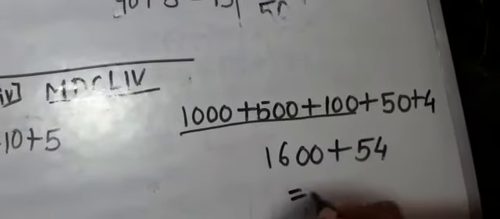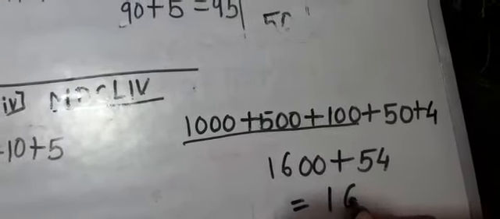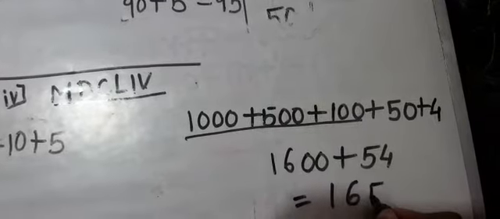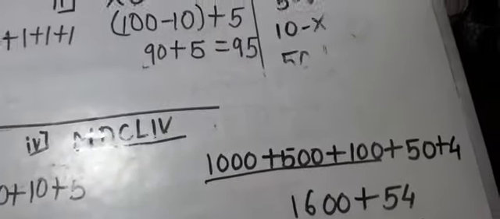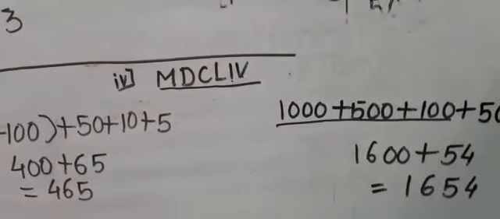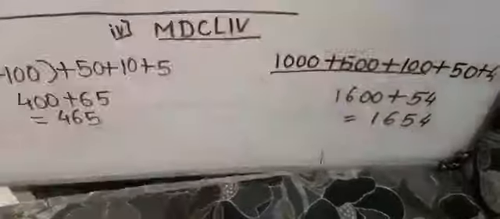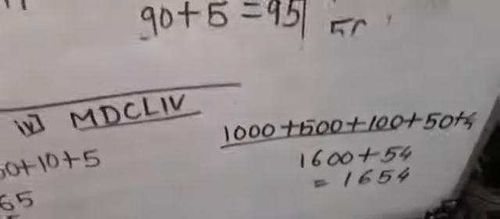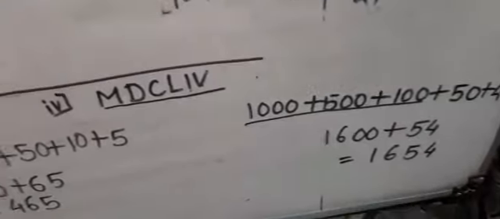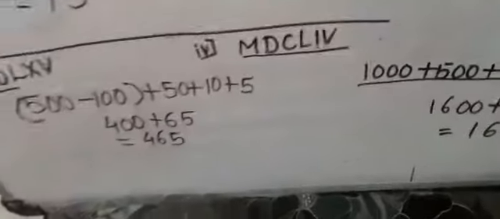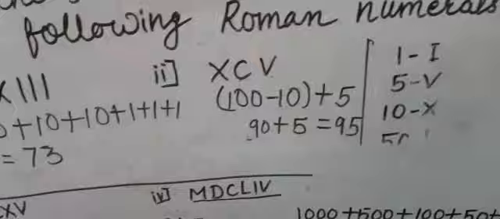So this number is representing 1654. MDCLIV is representing 1654. So dear students, you have to keep revising the things like the 7 basic symbols, then you are able to do all the sums.